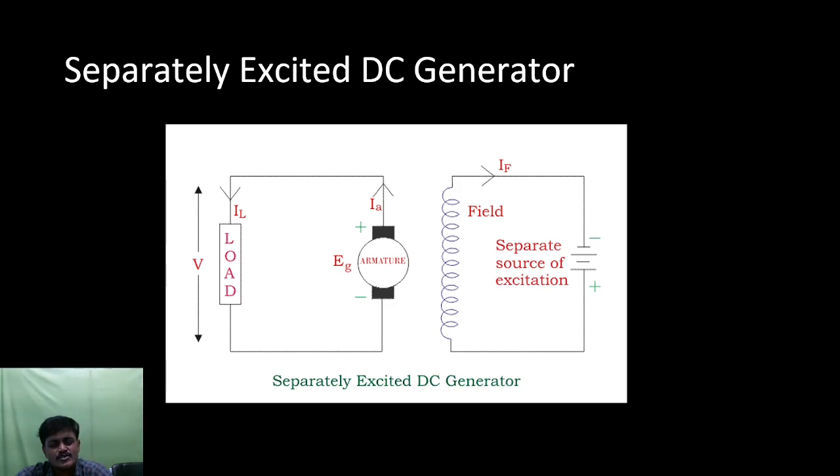So this is the circuit diagram. This is the field coil, which is excited separately, and this is the armature. Here this is the load current. So IL, IA and IF are the main things to know for the separately excited DC generator.